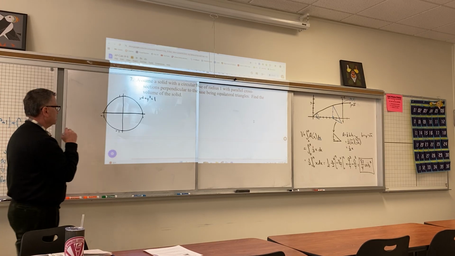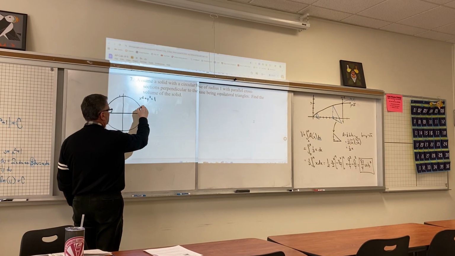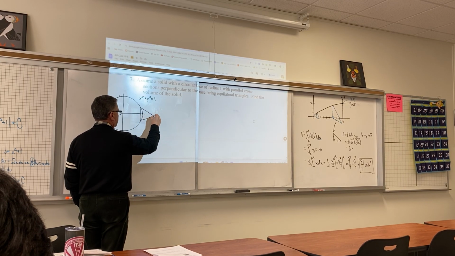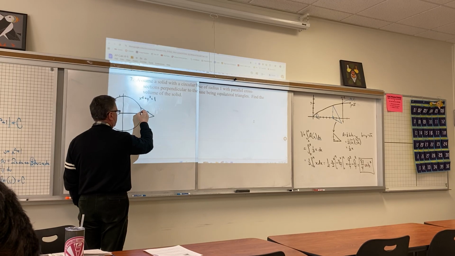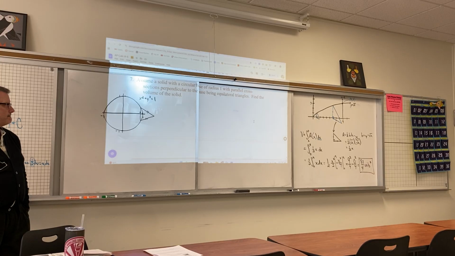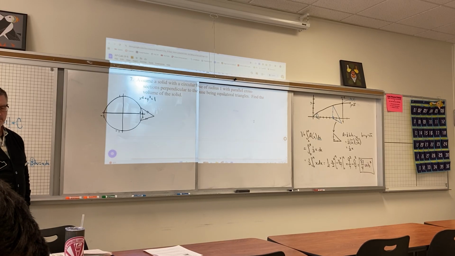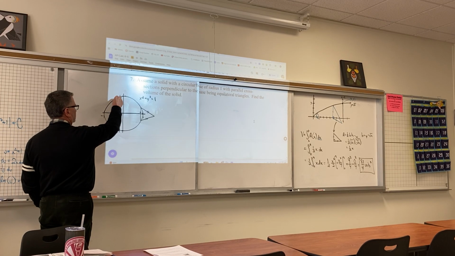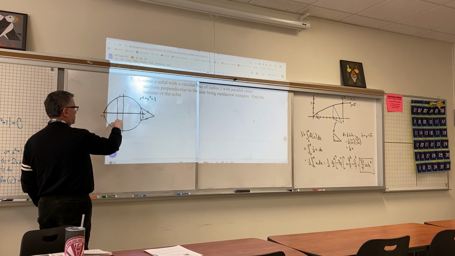Okay, if we're going across the x-axis, I'll do a little one here. Equilateral triangle. That means all the sides are the same. It's not isosceles, all of them. And of course, I'd have a bigger one here, right?